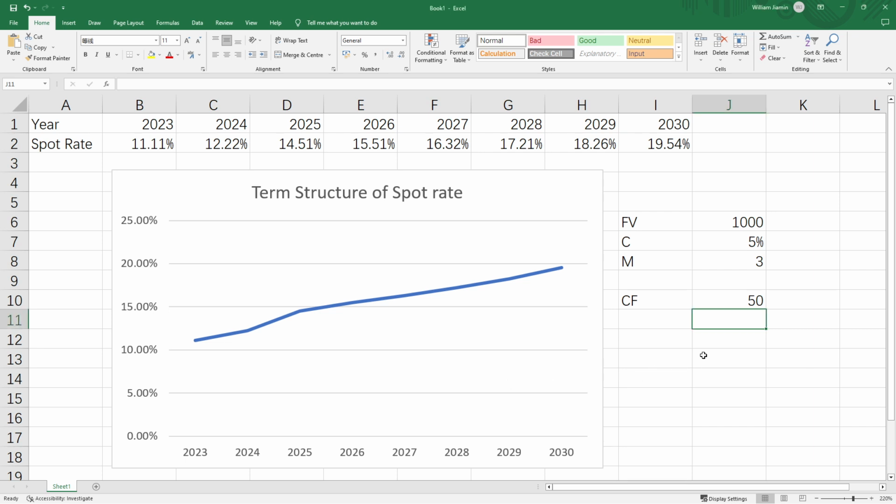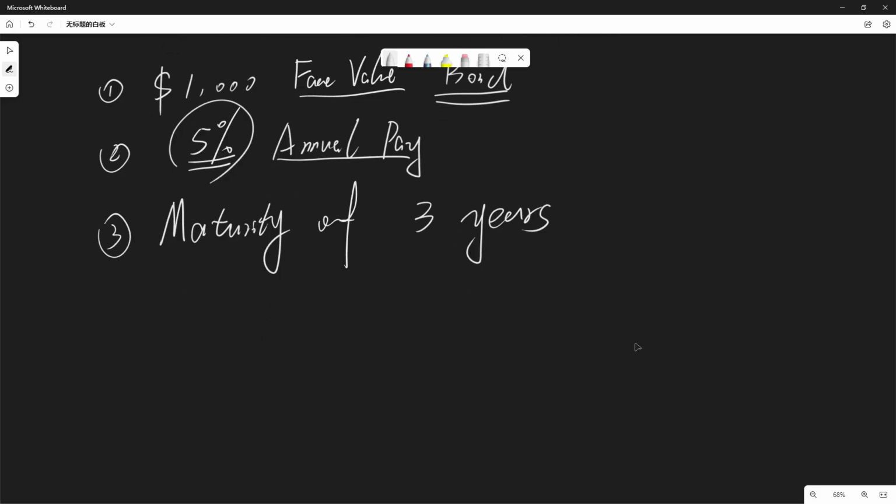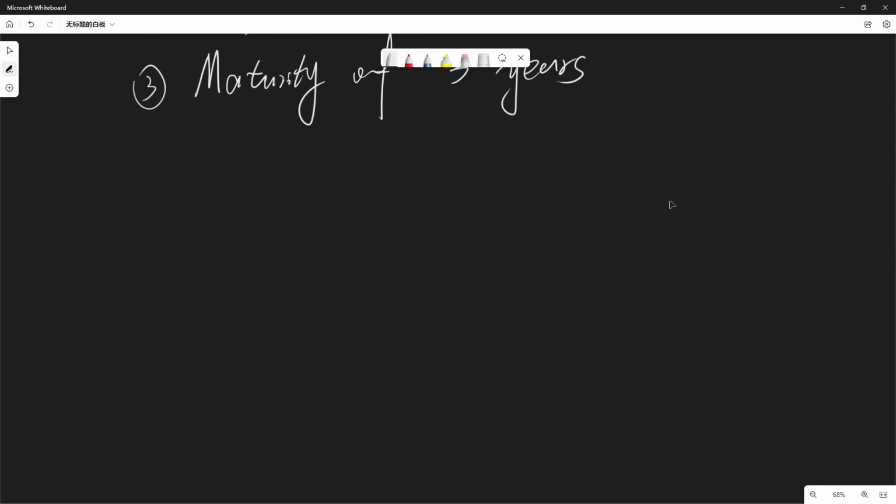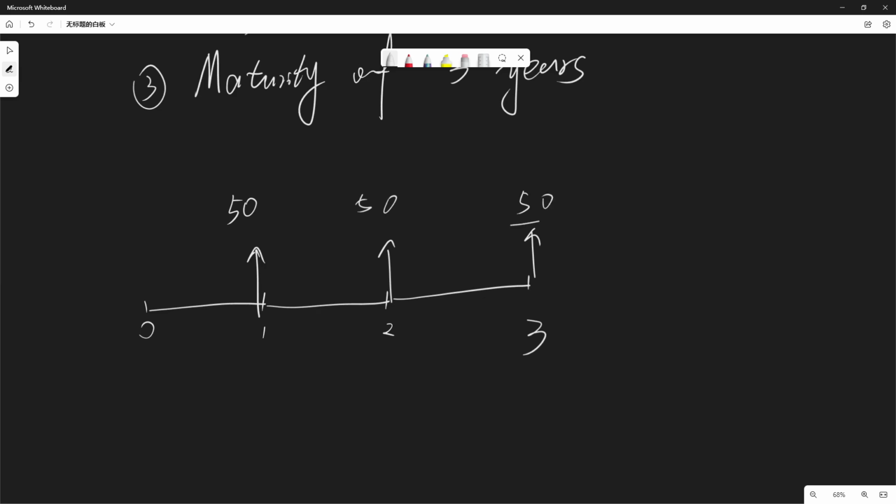So essentially, let me just bring out the graph and draw that for you. Year 1, year 2, and year 3. So you will receive that cash flow of 50, 50, and 50 US dollars coupons.